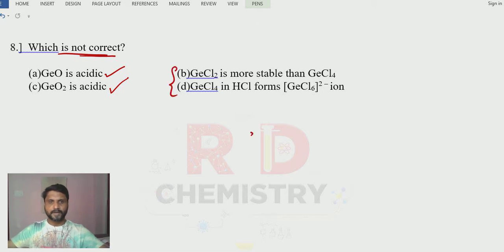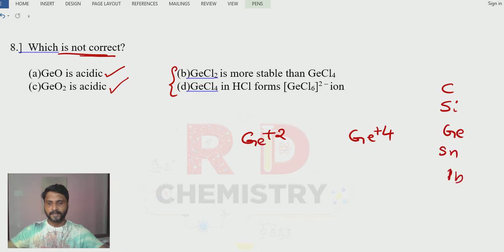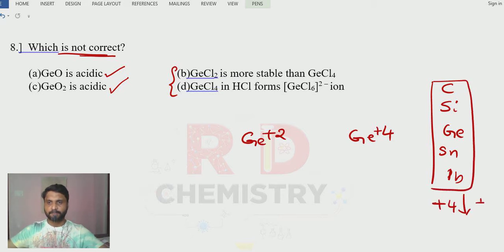Now remember the G plus 2 state and the G plus 3, plus 4 state. This belongs to the carbon family: carbon, silicon, germanium, tin and lead. Due to the inert pair effect, the plus 4 oxidation state decreases down the group and the plus 2 state increases down the group.